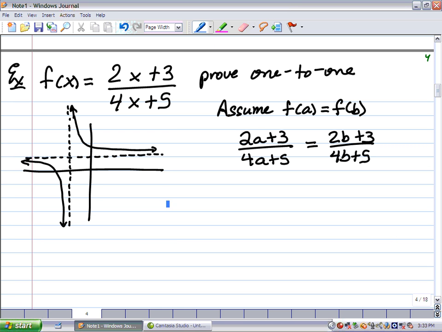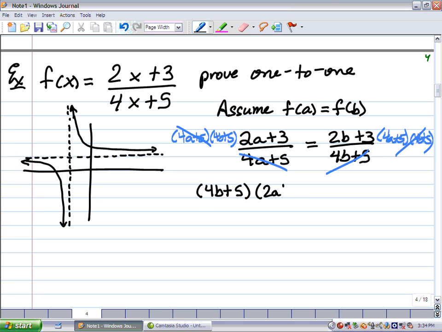So what is the LCD? 4a plus 5 times 4b plus 5. Notice it's the same result as the so-called cross multiplying. So 4b plus 5 times 2a plus 3, and 2b plus 3 times 4a plus 5.